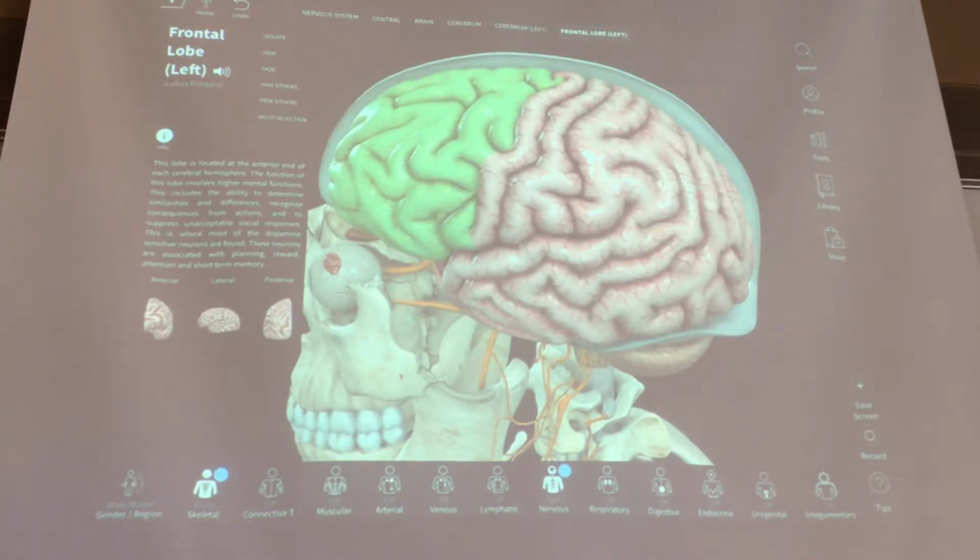Your frontal lobe is also responsible for memory, for emotion, for your social judgment, so your behavior in society, how you make decisions, reasoning, aggression, and it's essentially the aspect of the brain that's responsible for your personality, okay? And this is all part of that cerebral cortex, that outer part of the cerebrum.